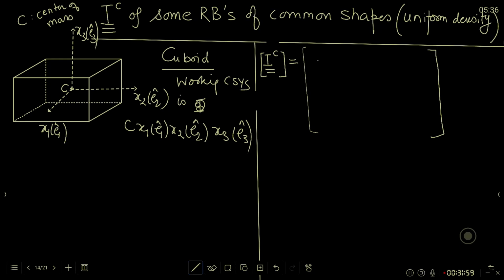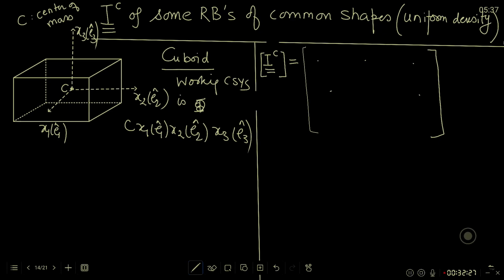But for this body, we can identify some planes of symmetry passing through point C. And if I can identify some planes of symmetry passing through C, I can conclude that some of the off-diagonal components will be 0.